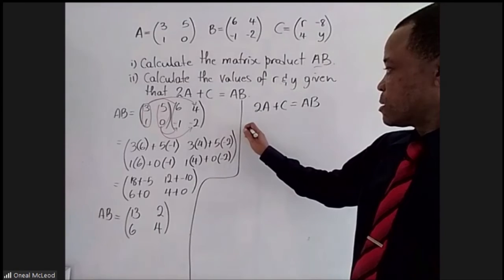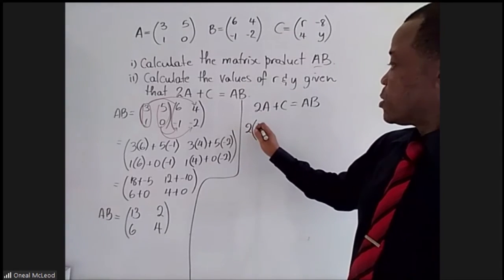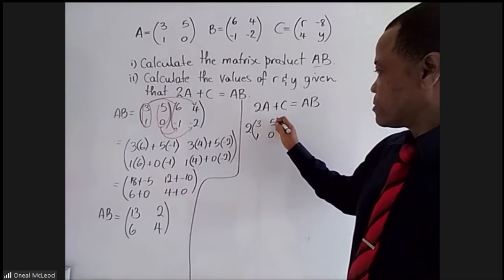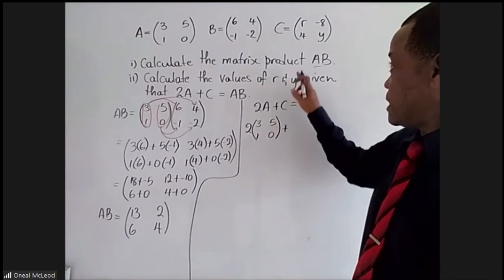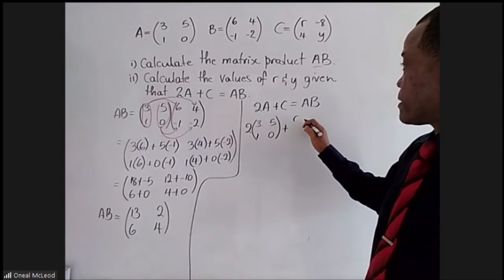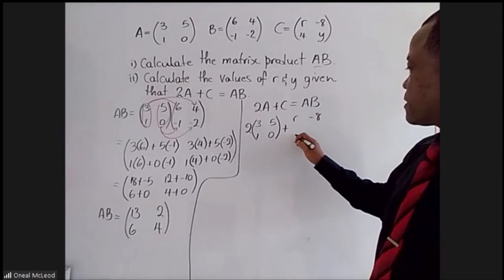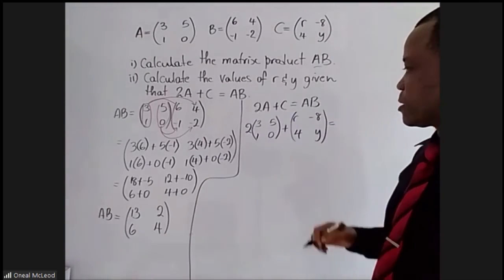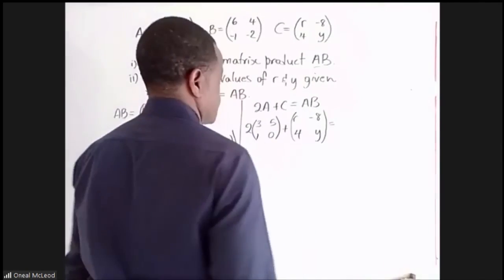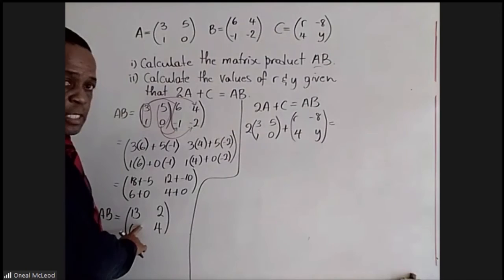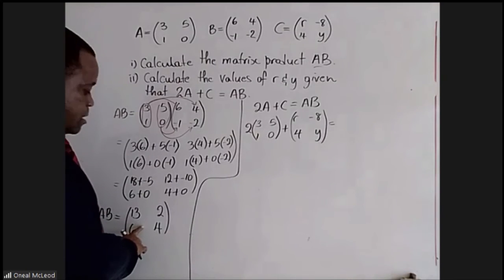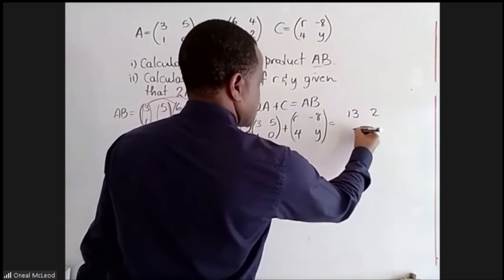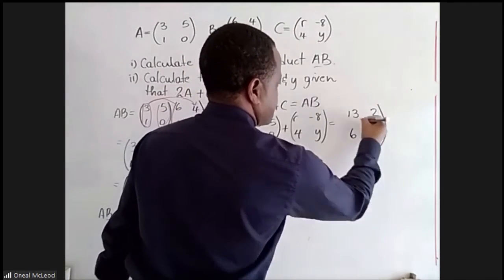So let us now just write it out. This becomes 2 times A, which is 3, 5, 1, and 0, plus C, which is R, negative 8, 4, and Y. And this is now going to be equal to AB, which is the matrix that we found right here, which is 13, 2, 6, and 4.